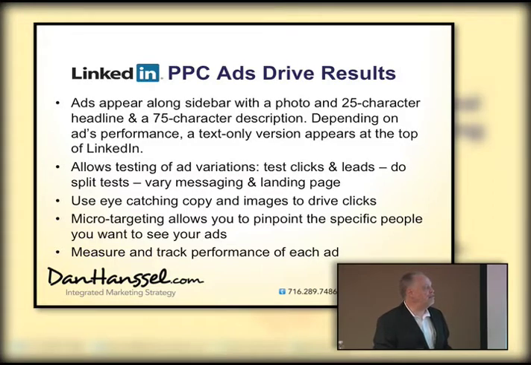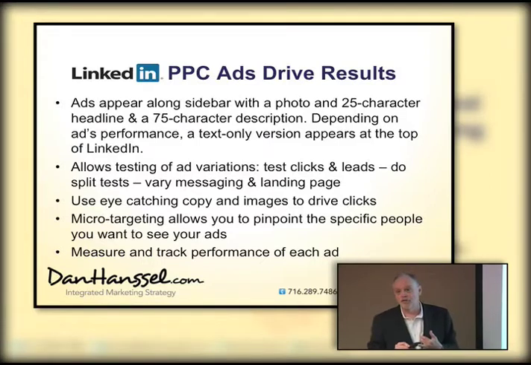But what it allows you to do is to test different variations of your message, what the offer is, what your actual context is in terms of how you're explaining the offer. But you can also micro-target, which is incredibly powerful. So I actually did an ad for a client once where we were actually targeting 6 people.